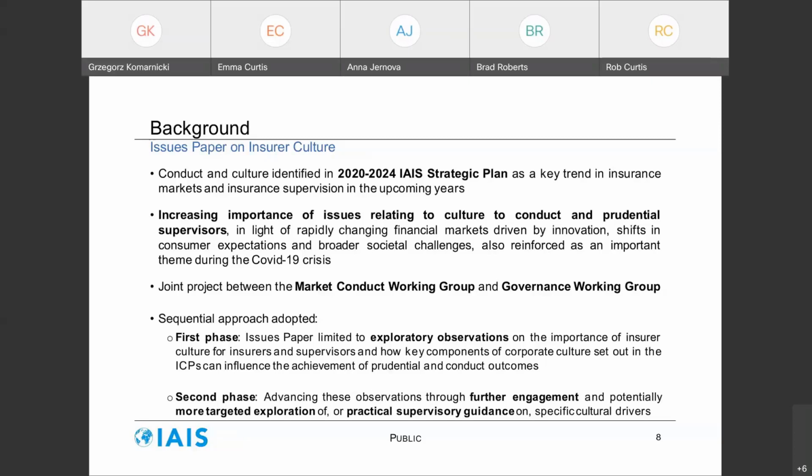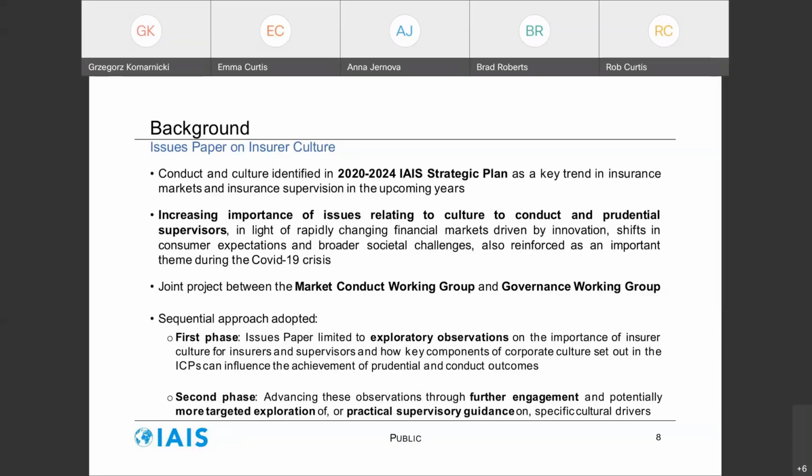We've also seen it emerge as an important theme during the current COVID-19 crisis. All of this calls for a more integrated approach to assessing prudential and conduct risks, as it's recognised that conduct risks can lead to considerable financial soundness concerns for the sector, and also vice versa.